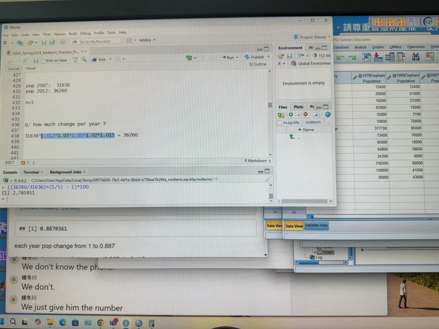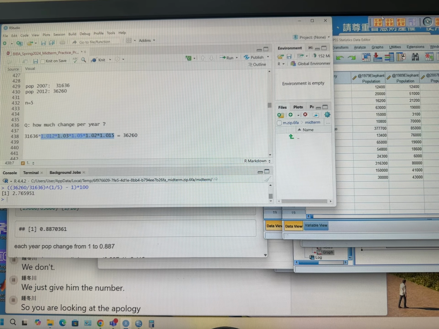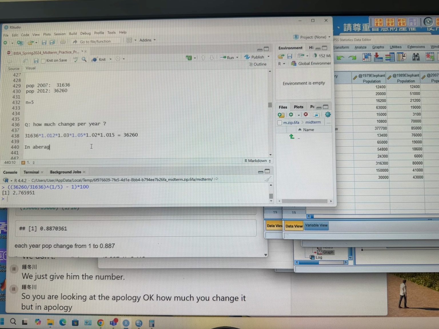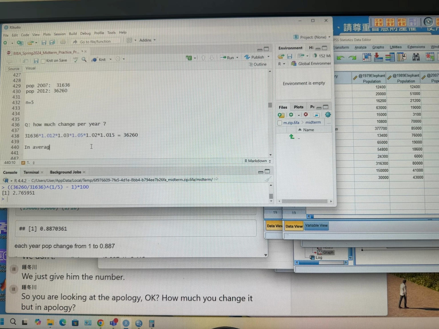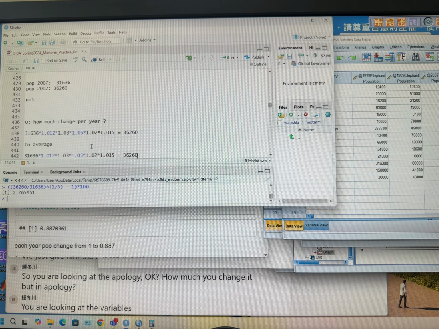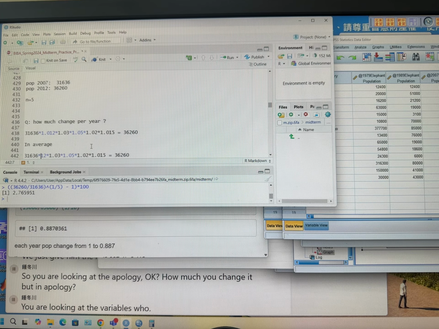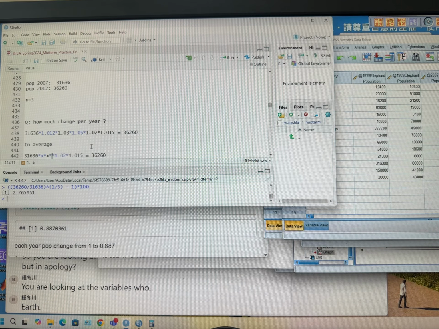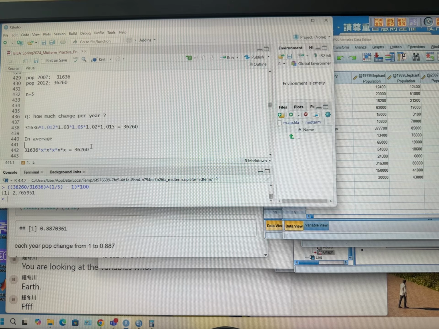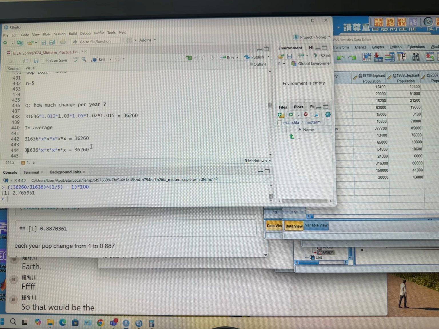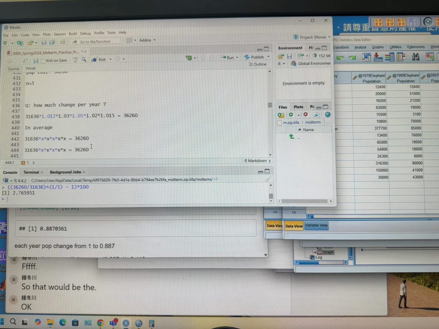So you are looking at the average. Okay, how much it changes. So on average, you are looking at the variable S to the power of 5.